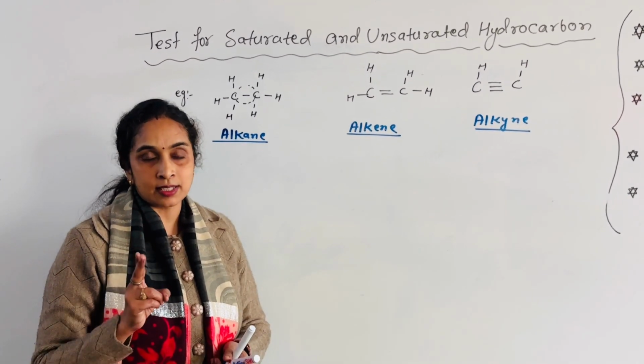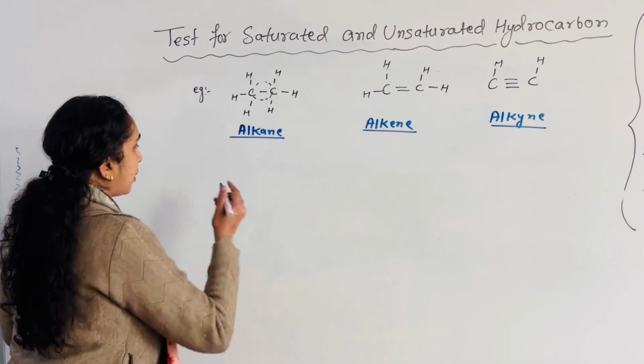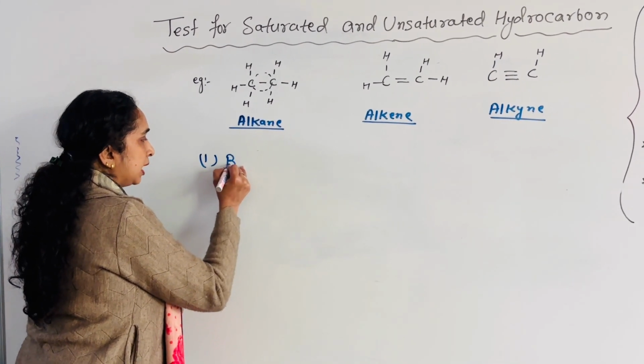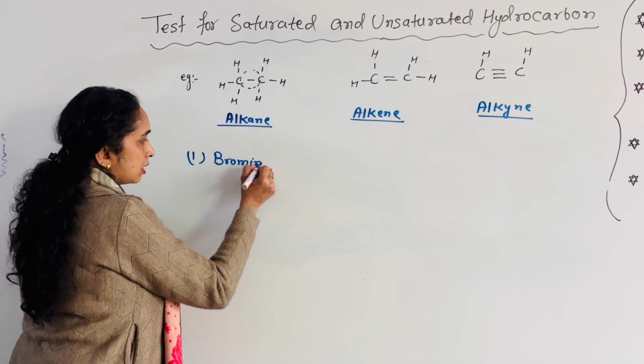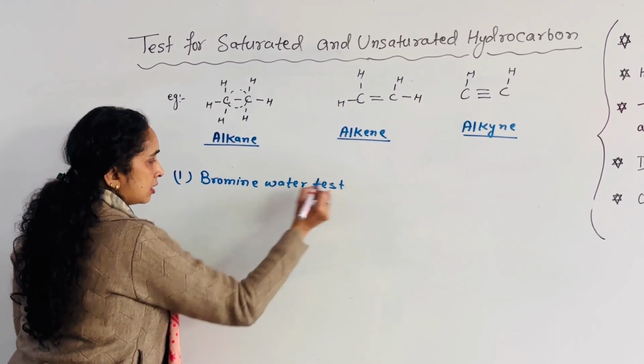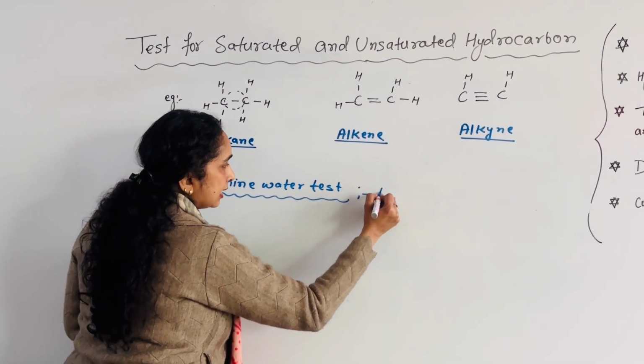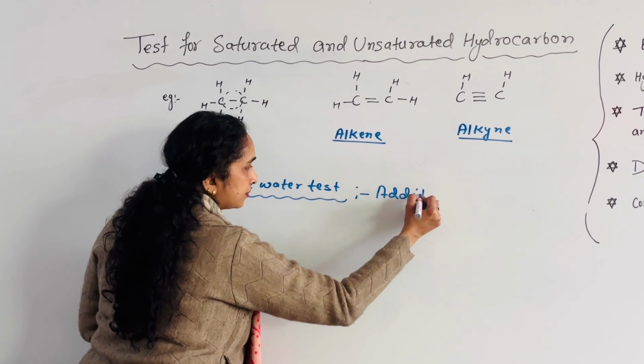There are two tests given in your NCERT book. Number one is the bromine water test, which is an addition reaction.